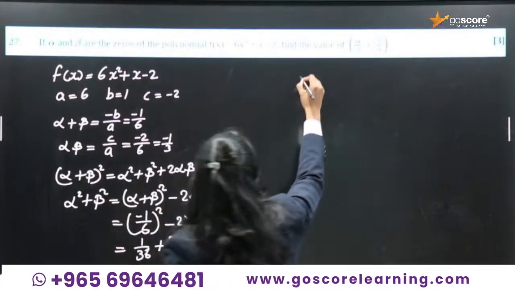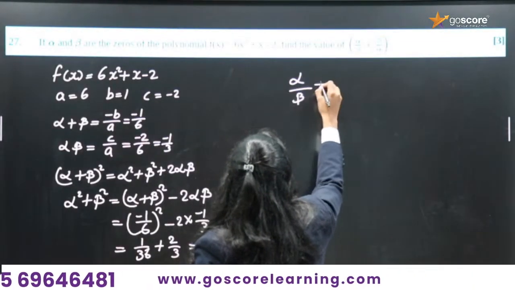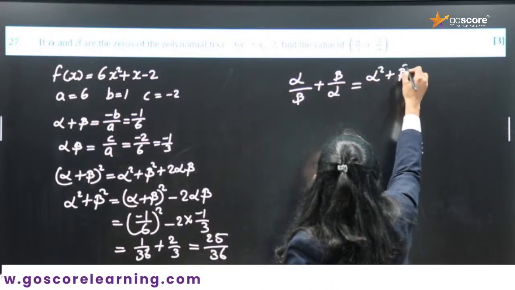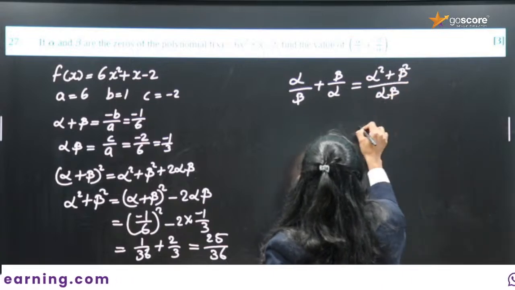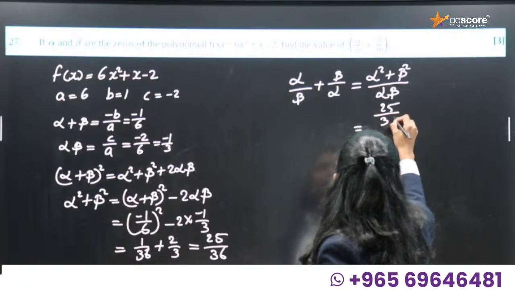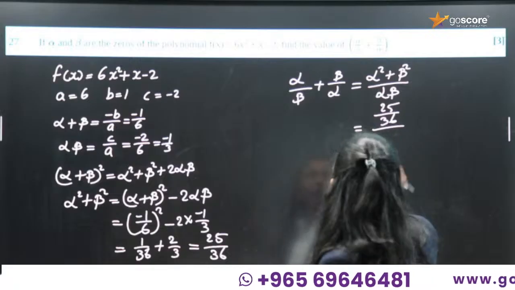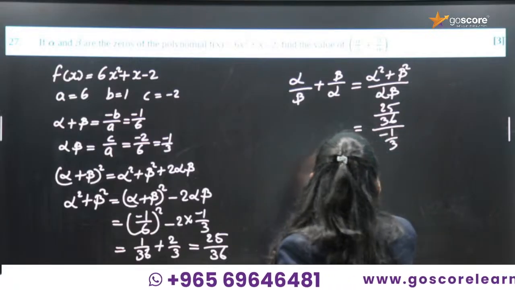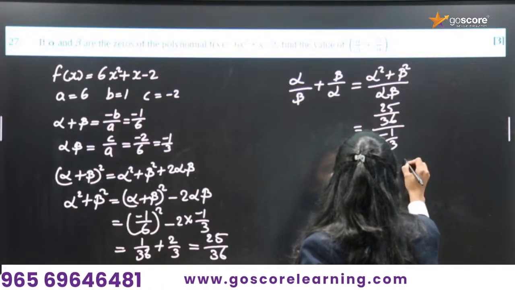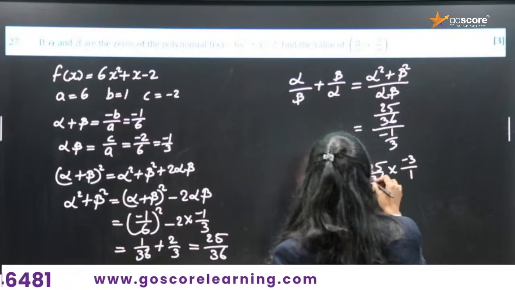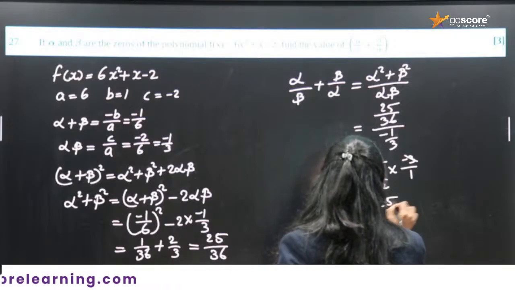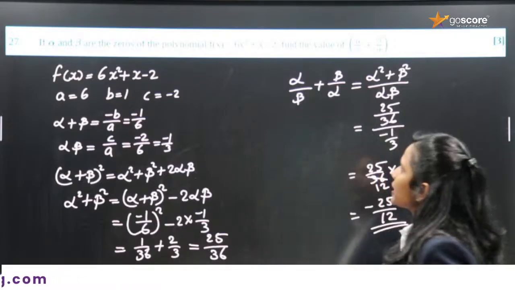Now alpha by beta plus beta by alpha is equal to alpha square plus beta square divided by alpha beta, which is 25 by 36 divided by minus 1 by 3. So we take the reciprocal and multiply 25 by 36 into minus 3 by 1, and we can cancel this 36 and 3, you will be getting 12. So minus 25 by 12 will be our answer, and you will be getting 3 marks.